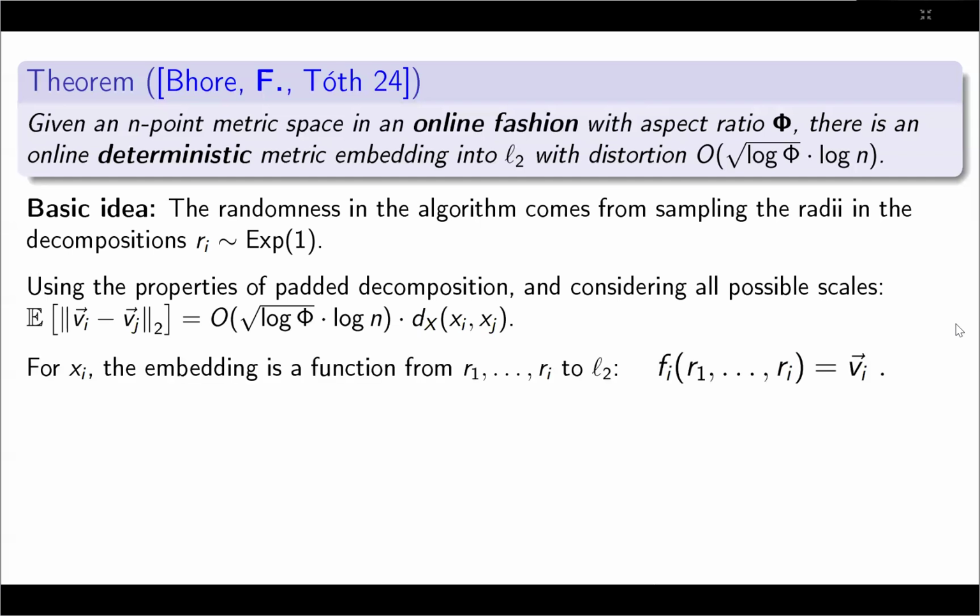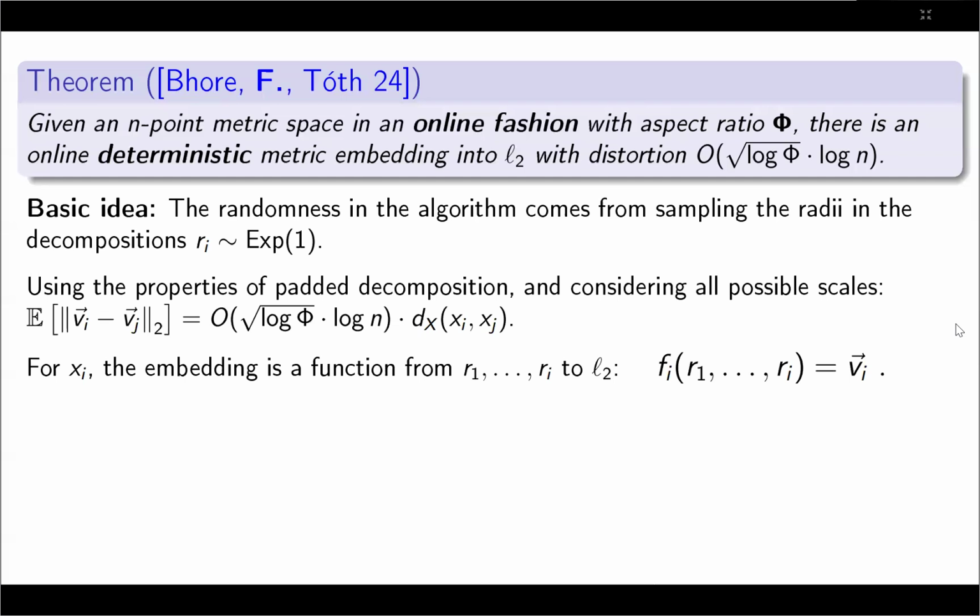Another way to think about it is that the input is some radii R1, R2, Ri, and so on. Given these radii, the embedding is just a map: you get some point, and you get the radii of everybody who sampled before you, and then you get some vector.